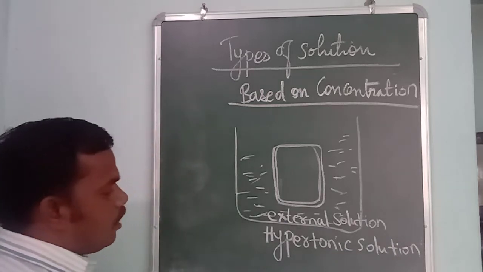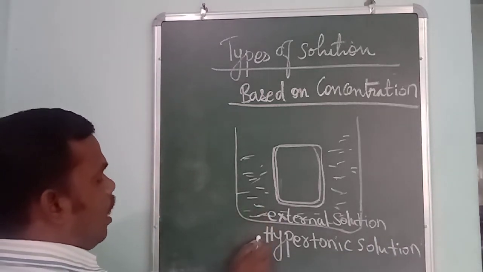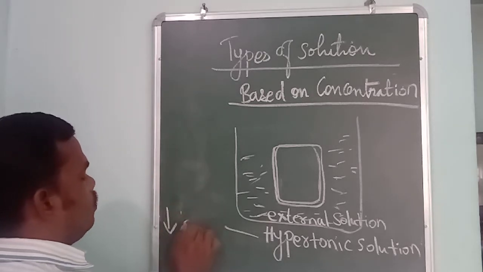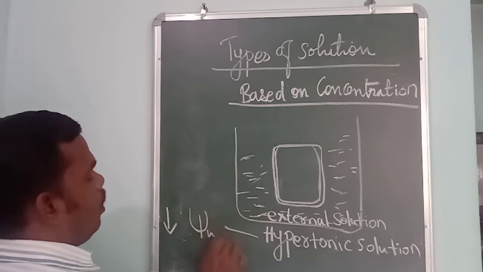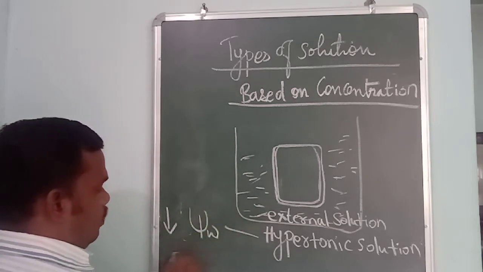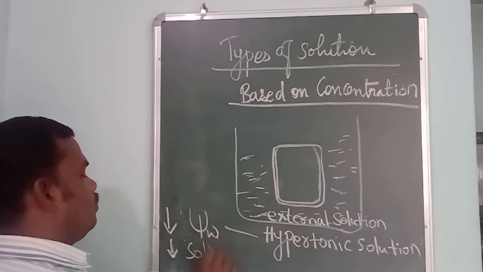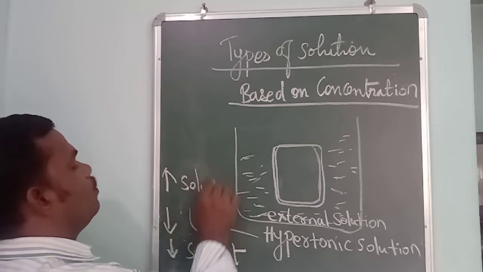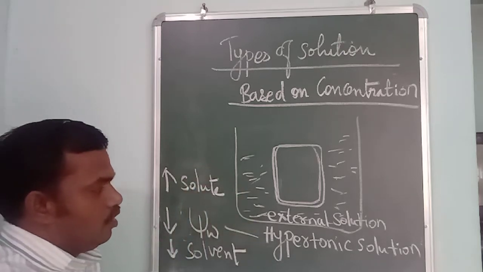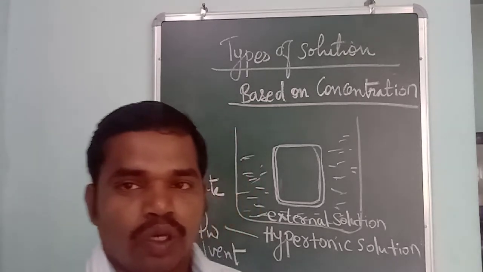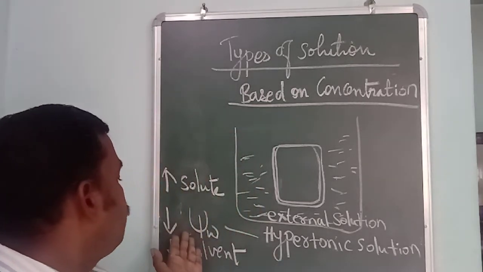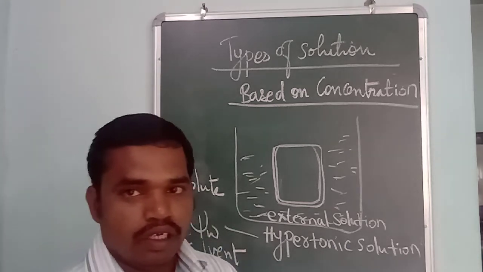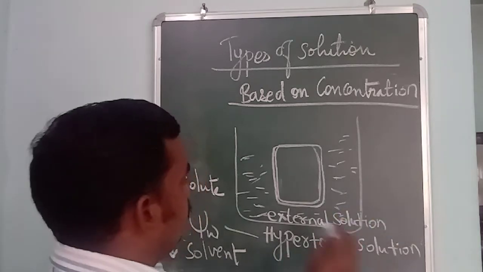It has low water potential, low solvent and high solute. That is its nature. So in hypertonic solution, the external solution contains low water potential, low solvent and high solute molecules. Am I right? So check the cell, consider here.